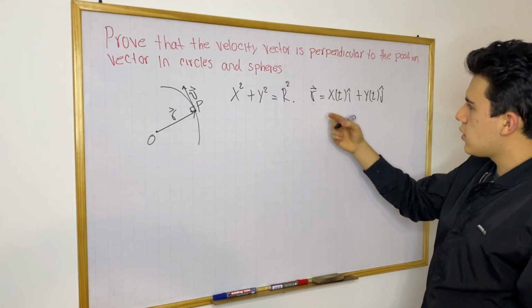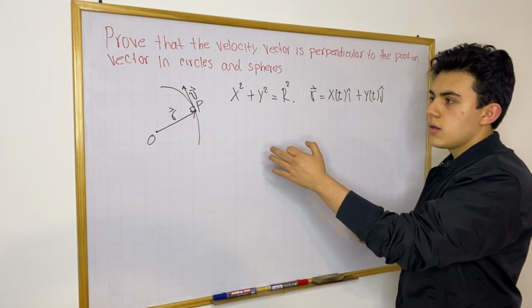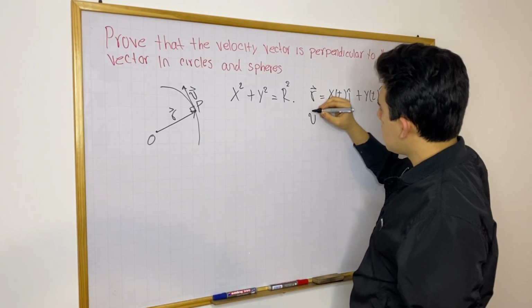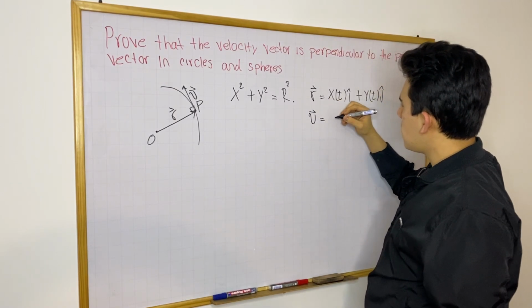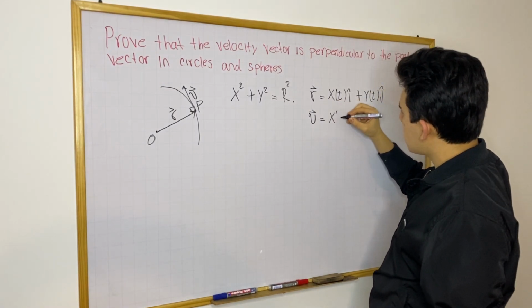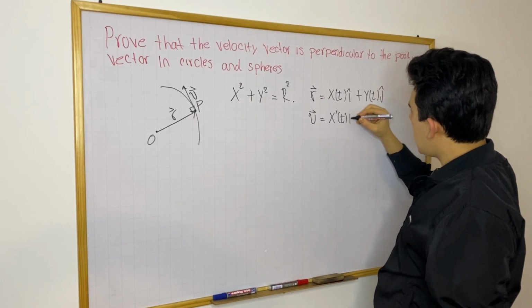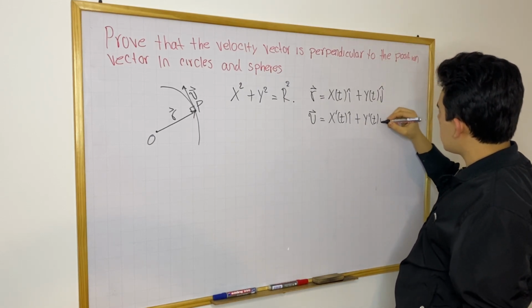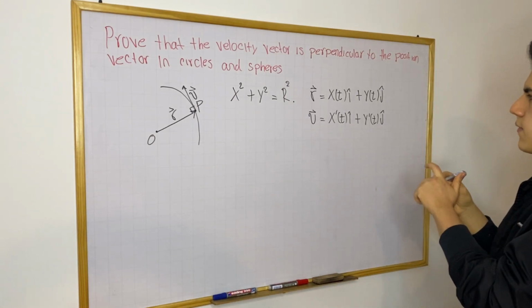So this is our definition of r. Now if we differentiate r, we're going to get v. So v is just going to be another vector, x prime of t i hat plus y prime of t j hat, okay? So this is what we have.